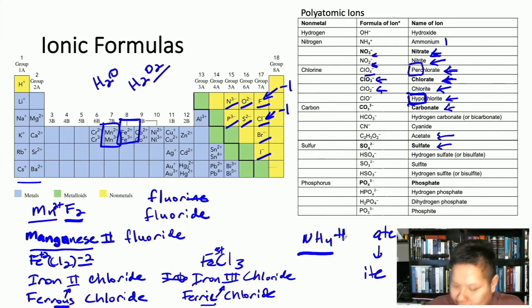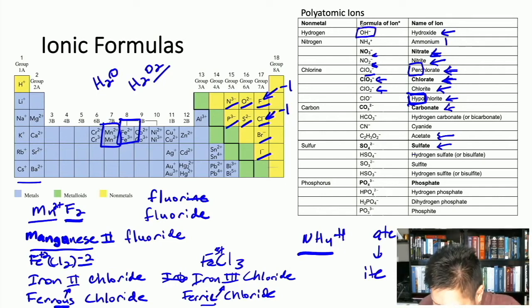And since it's positively charged, it doesn't have the ate or ite or per or hypo things attached to it. Since it's positively charged, it's going to take the place of a metal in the ionic compound. And then we have hydroxide right here, which is a base, and its formula is OH minus. It's just hydroxide, nothing else. Just one of those that you have to remember.